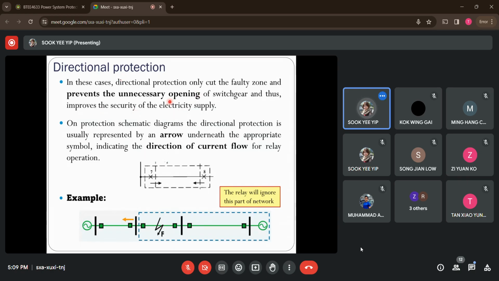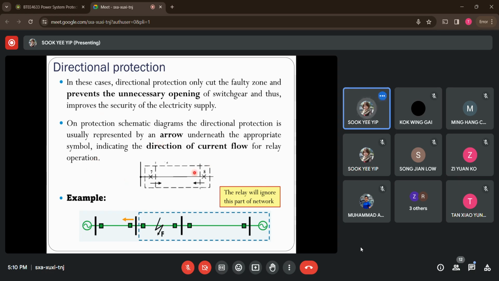So to further explain how that is achieved, usually a protection system with a directional feature is labeled with such kinds of symbols with an arrow underneath. Let's say we have 2 relays, relay 7 and relay 8. If you see an arrow either at the bottom or at the top here, pointing towards the right-hand side, this indicates that relay 7 is only able to detect faults located at the right-hand side, but ignores those that occur at the left side.